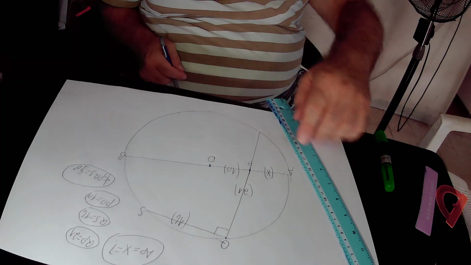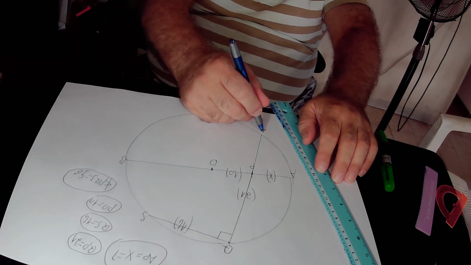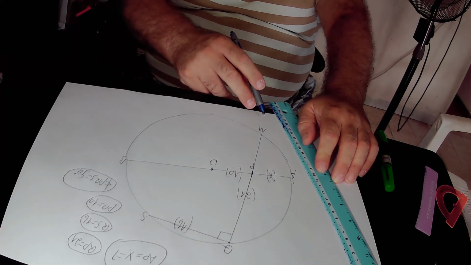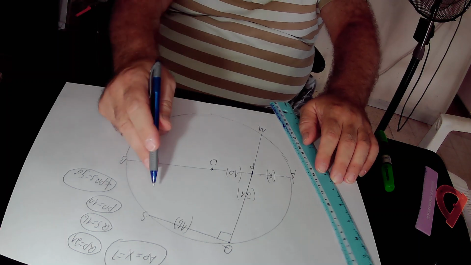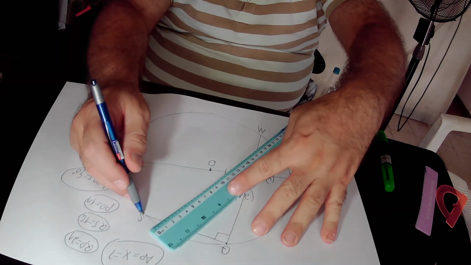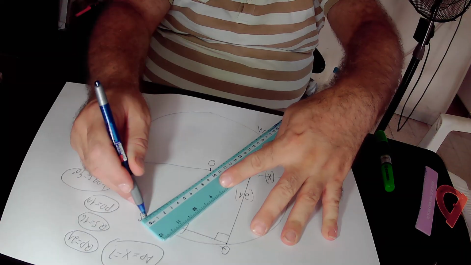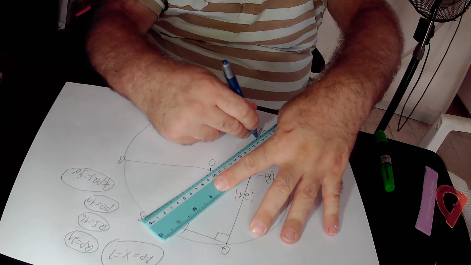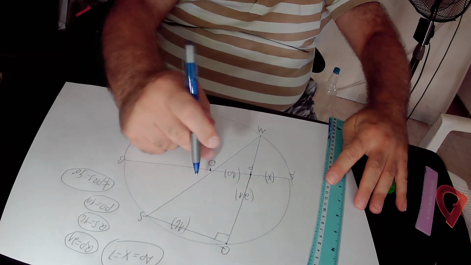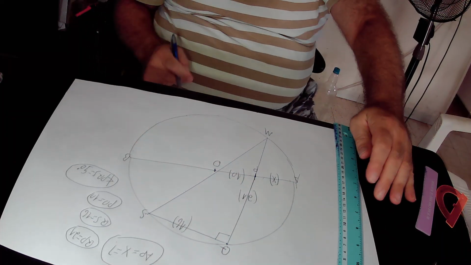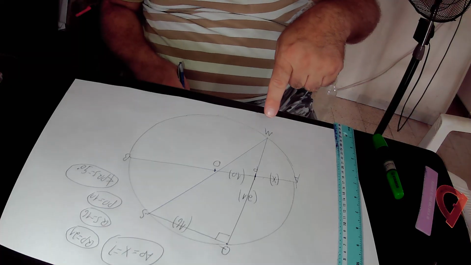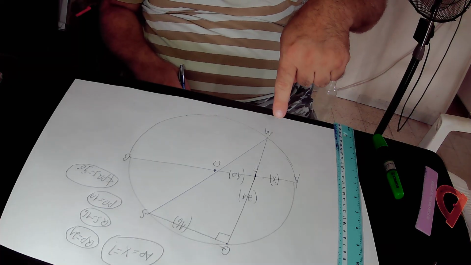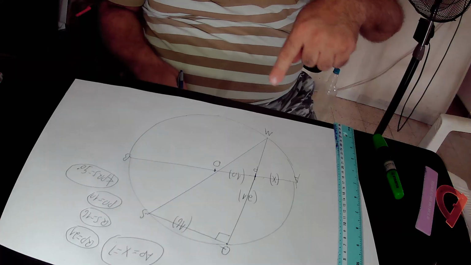This point is point M. We join points M and S together by a straight line. By joining points M and S, we created here peripheral angle SQM.